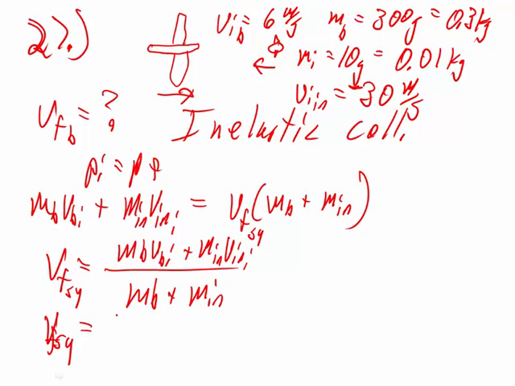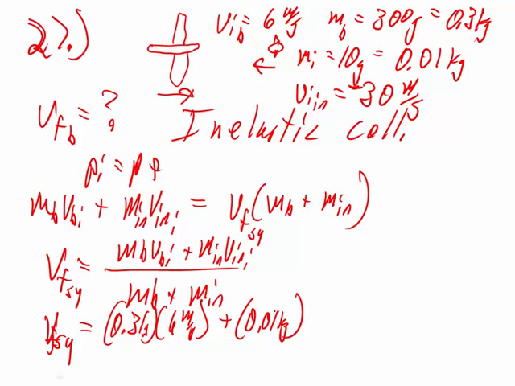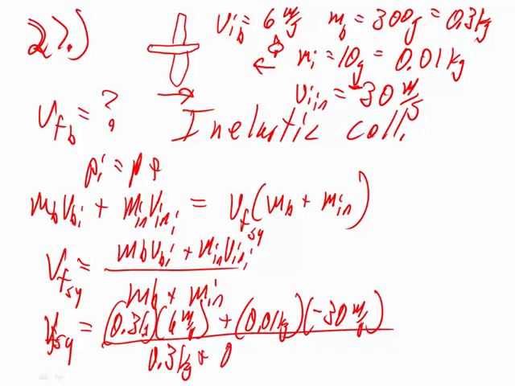The mass of the bird was 0.3 kilograms times 6 meters per second, plus the mass of the insect, 0.01 kilograms, times negative 30 meters per second, divided by 0.3 kilograms plus 0.01 kilograms.